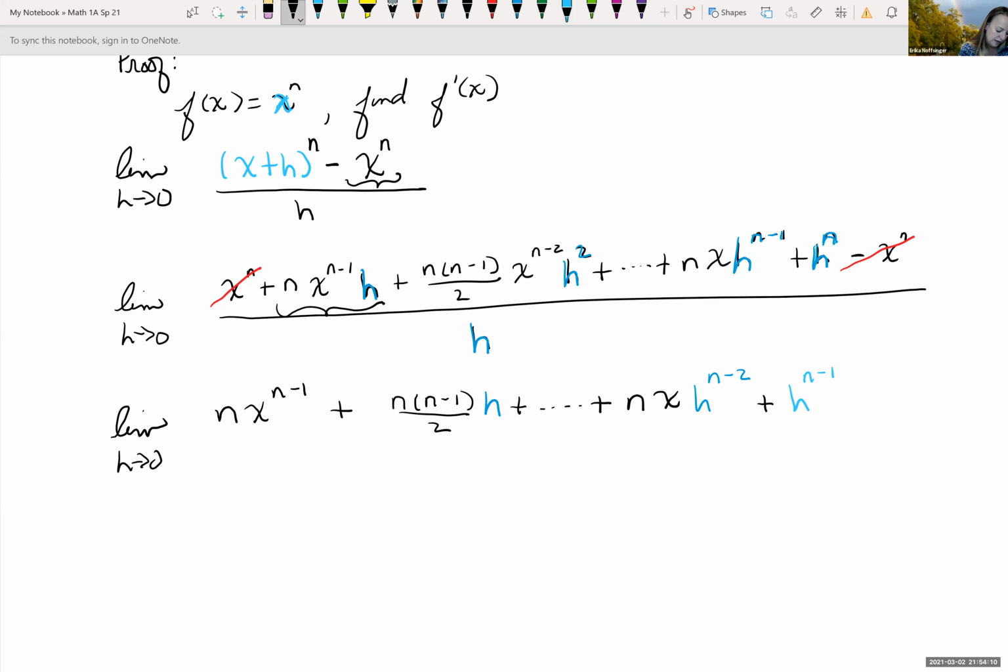And so if we go in here and plug in 0 wherever we see an h, notice the only term that doesn't have the h in there is that first term. So every other term, when we take the limit as h goes to 0, is going to equal 0. All the pieces in here are going to equal 0. We're adding 0.